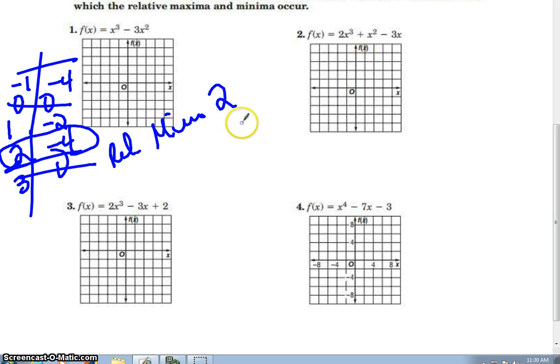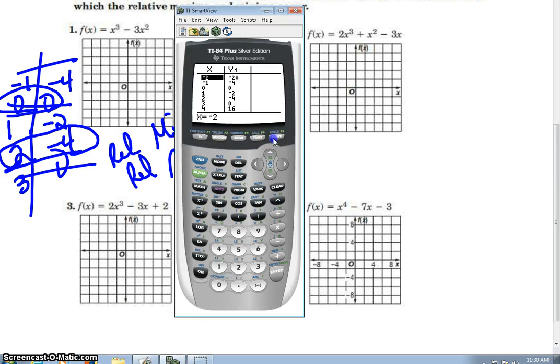And then what was the biggest? Did we ever see any larger numbers? Probably right here, because it was small and it went up and then it started going back down. So a relative max at 0. And then if we look at our graph, let's just see our graph.